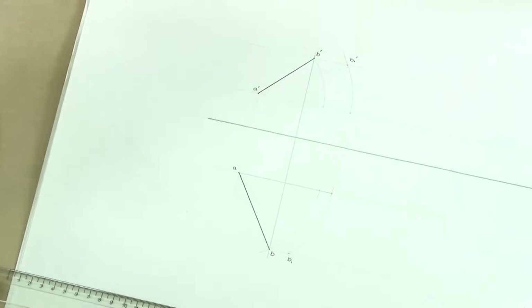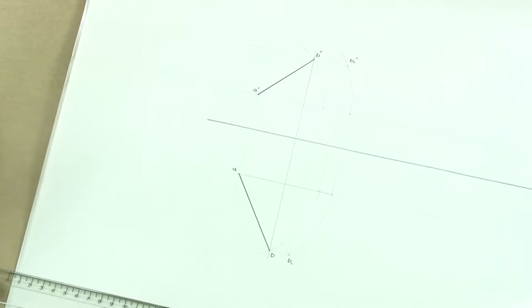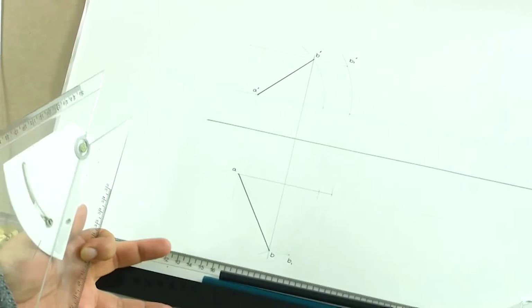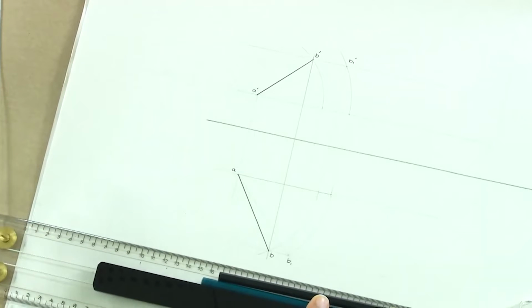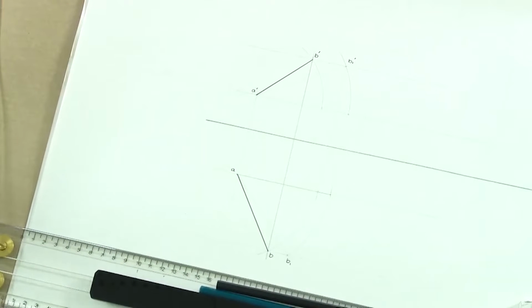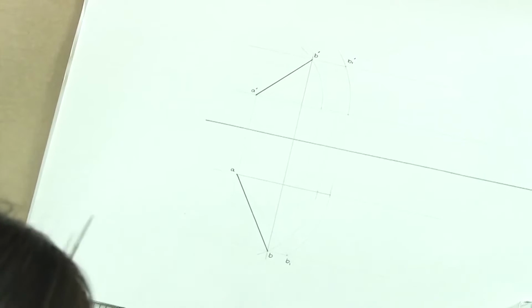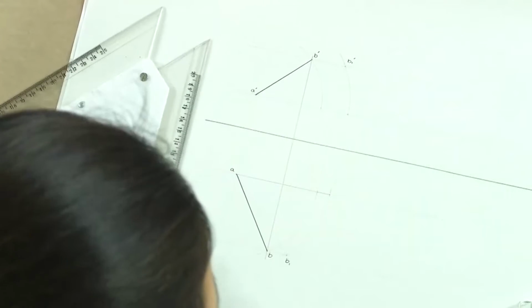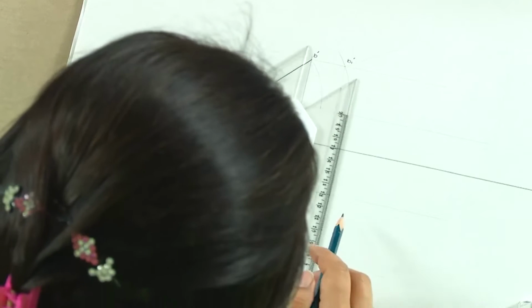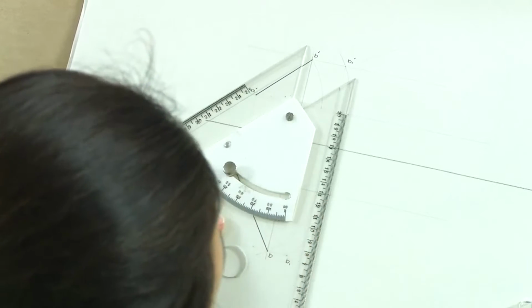Now, we had certain conditions, which is what we have to represent here. So, what did we have? We had a line of length 8 centimeters. Now, where are we seeing this line of length 8 centimeters? We are seeing it parallel to both the planes, which was our first condition.